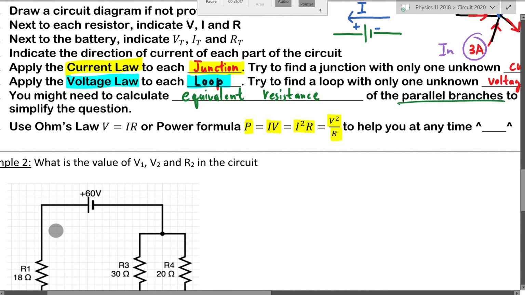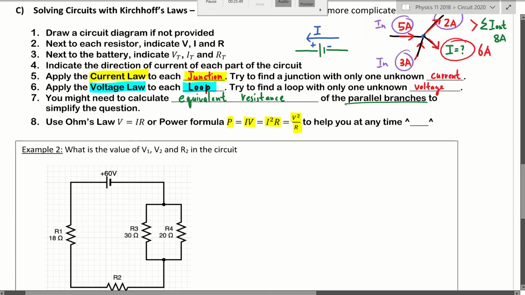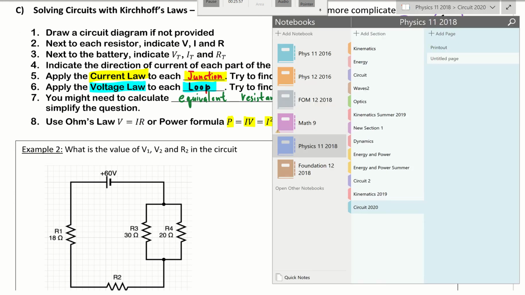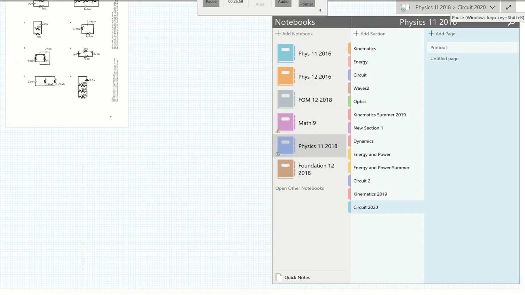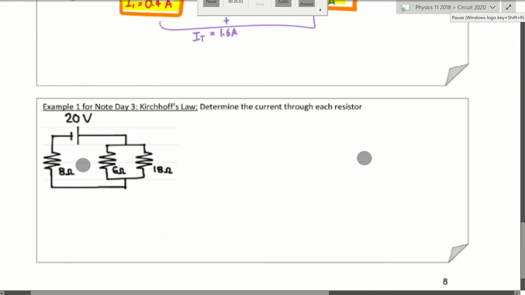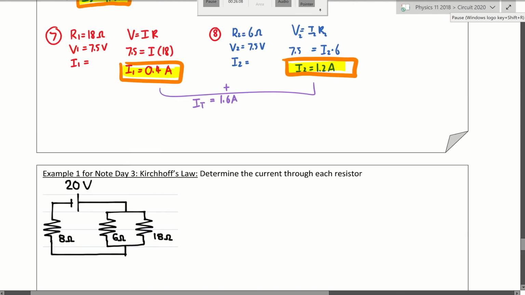Okay, so we're going to look at 3 examples very quickly. The first example is actually going back to your last day's notes. So let's go back to last day's notes. We left one section blank, which is this right here. This is from last day's notes, for note 2.